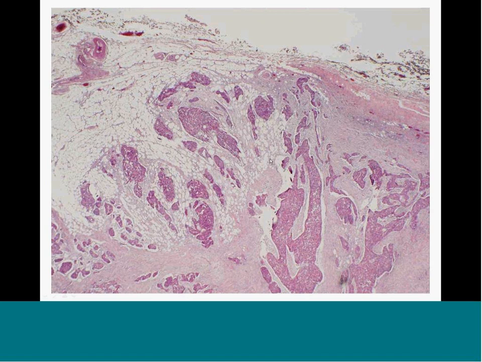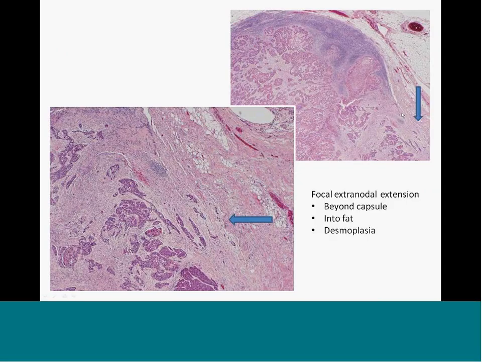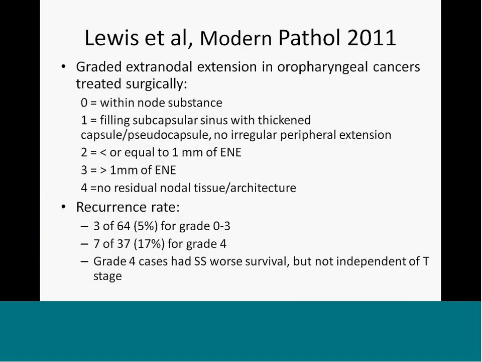Here we have a node with intranodal tumor, and you see the subcapsular sinus kind of disappears, and you have some thinning of the capsule and desmoplasia in the surrounding tissues. And here you've got, on higher power, some nests of tumor. I think we would count this as focal extranodal extension, but whether or not it merits chemotherapy, I'm not too sure.